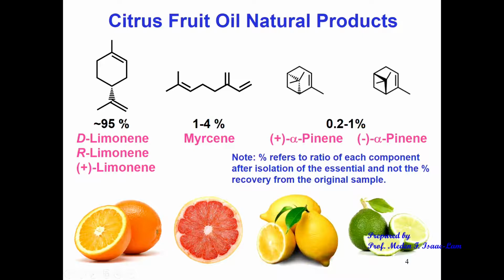Now we're going to build the other components that are co-extracted with limonene. These are minor components or trace amounts. One is plus alpha pinene, the other one is minus alpha pinene. The plus and the minus indicate the optical rotation. So we are going to build the minus alpha pinene.